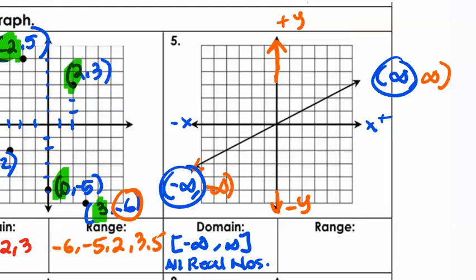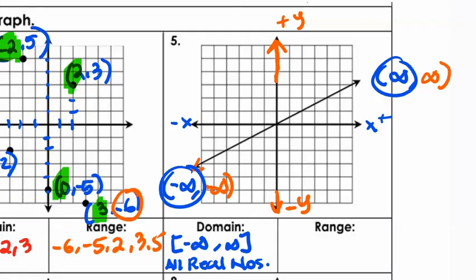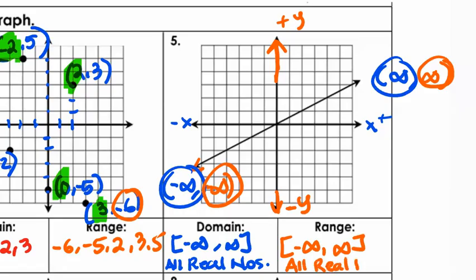Now, the Y's. Same thing. I start from the smallest, from the bottom, from negative infinity until the highest, positive infinity. So this is also all real numbers. Okay, it happens. But is it going to be always like that? It depends on the graph, okay?